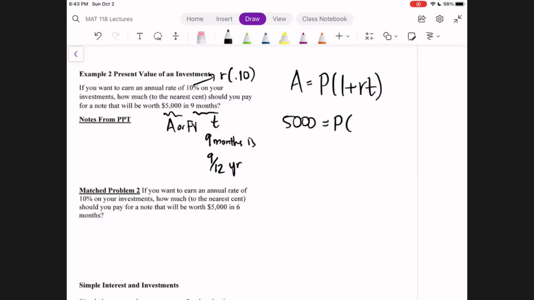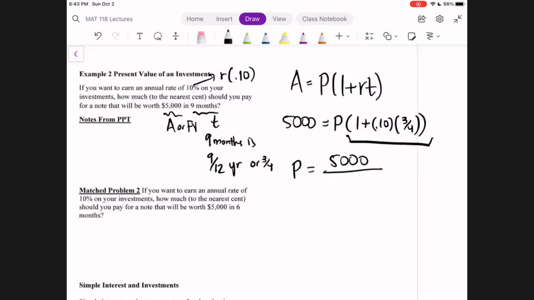P, I don't know. And then 1 plus your rate, and then 9/12, or we could say this is 3/4. You'll notice that this whole thing is being multiplied to P, so I can divide it over. So P would equal 5,000 divided by 1 plus the rate times time.